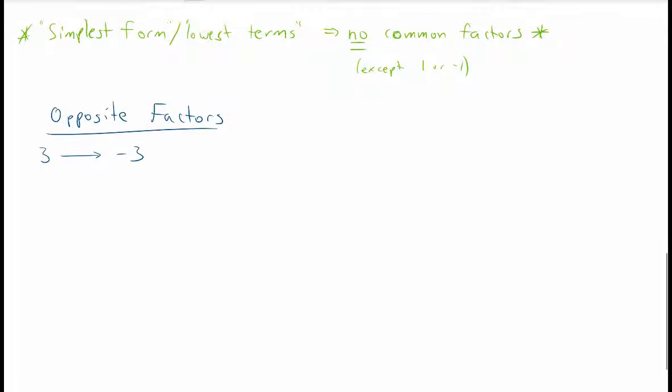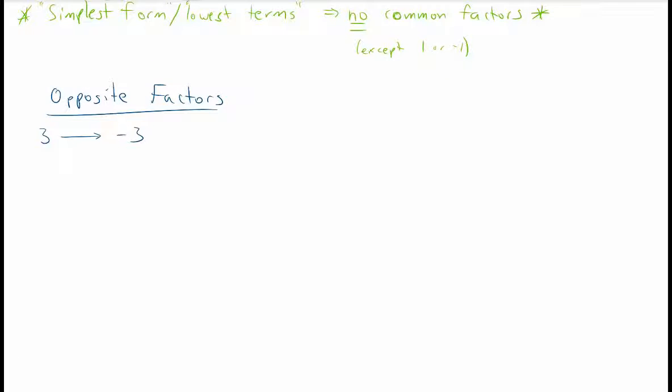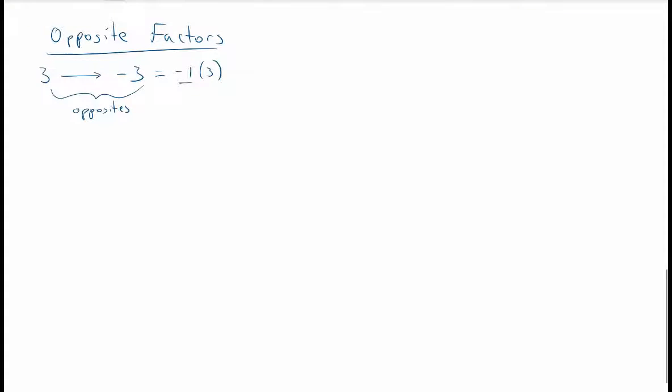That becomes a little bit more complicated if we look at binomials. If we take a minute, -3 really is just -1 times 3. So opposites essentially differ only by a factor of -1. So when I talk about a binomial, if I were to say, for example, a minus 2, its opposite would be -1 times a minus 2.